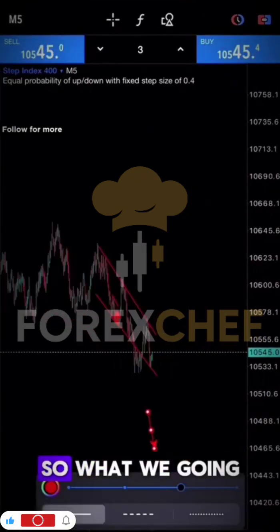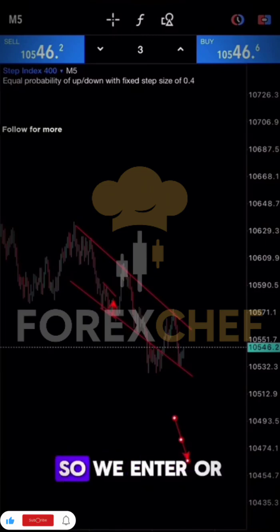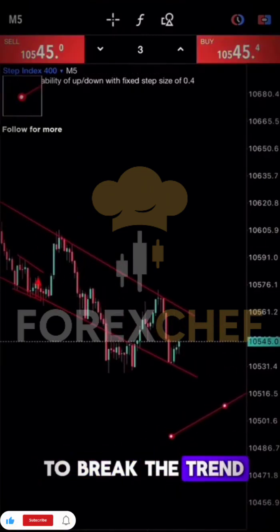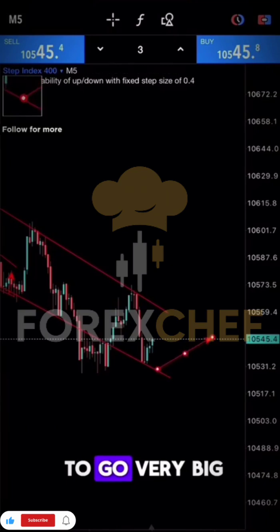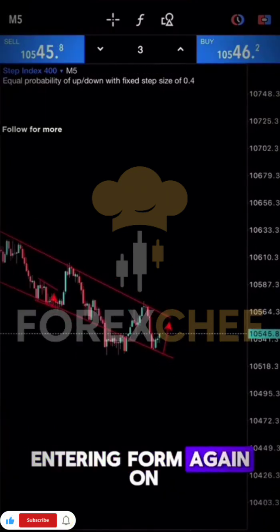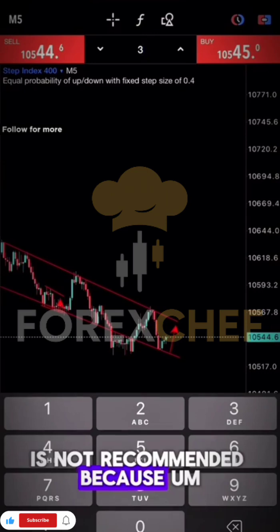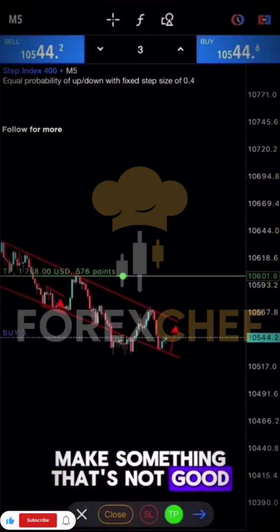So what we're going to do is either we wait for it to go to the top so we enter, or we just enter there, because since it's trying to break the trend, it's gaining power to go very big. But the problem is that it might reverse, so entering form again on this trade is not recommended, because it might try to make something that's not good.